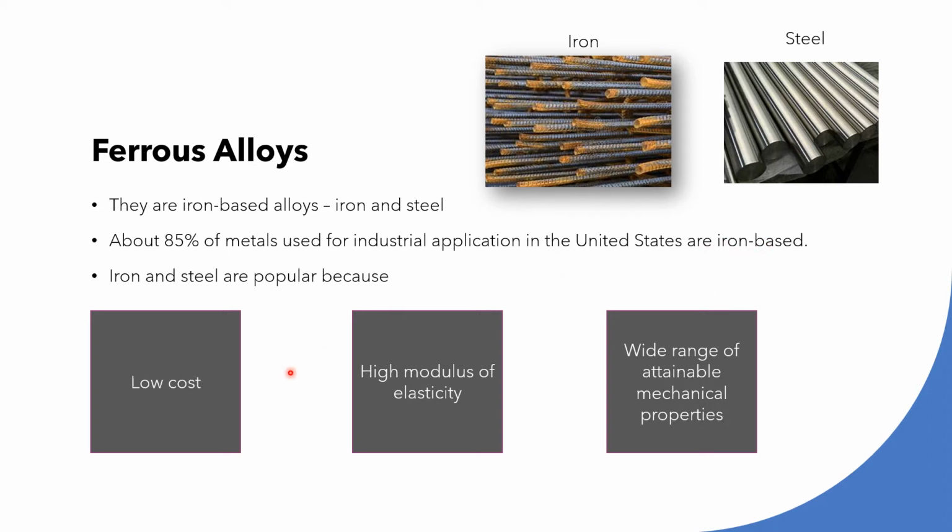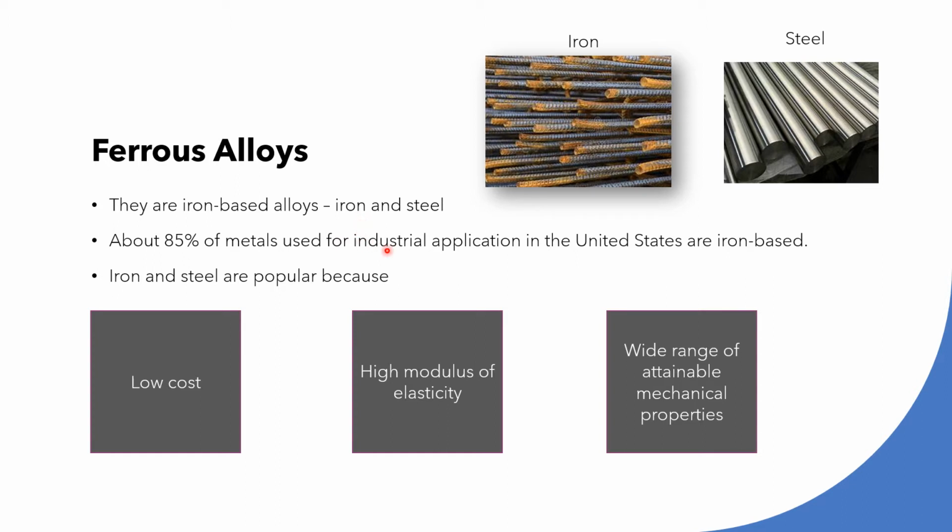So iron and steel, they're popular because first thing is they're cheap, low cost. They have high modulus of elasticity, meaning they can break easily, okay? And iron is actually more breakable than steel, but then we can manage it.